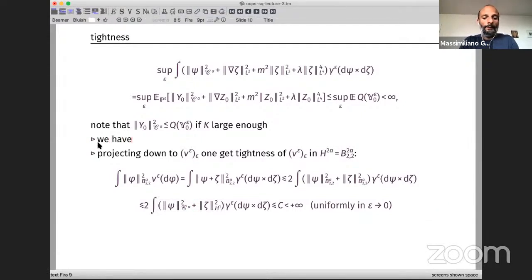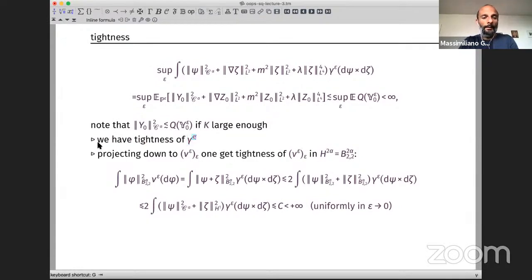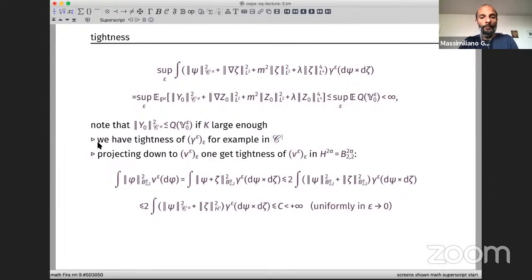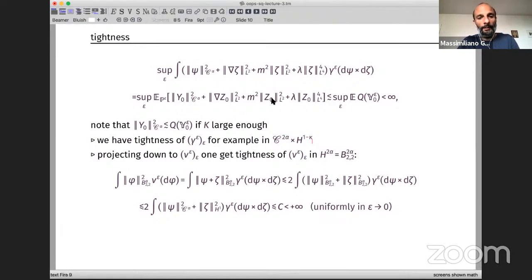So we have tightness of the family of couplings in, for example, a space like C to minus 2 alpha, because you have to allow some room, so the bound gives tightness in a slightly more irregular space. And here you can choose H just something a bit less than 1/2, for example, to have tightness in this space.